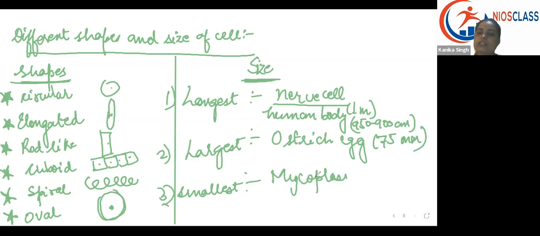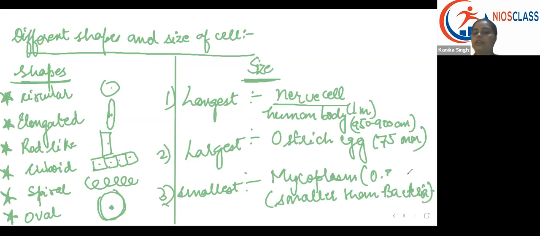They are smaller than bacteria, very small, and the length is 0.3 micrometers. So these are the different things you must know, that there are different shapes as well as sizes available for the cell.